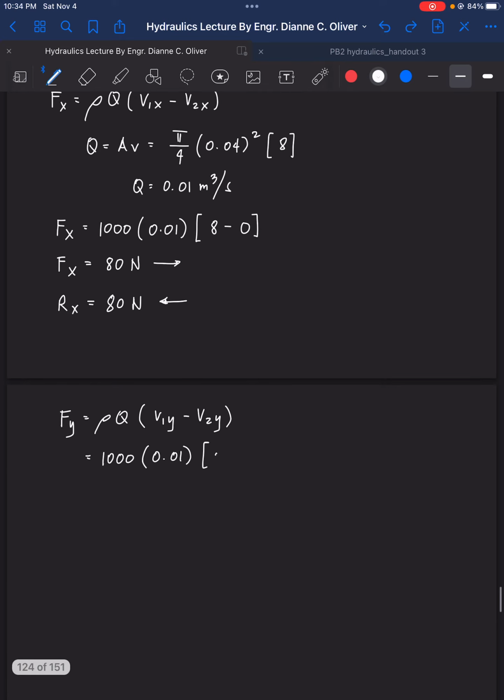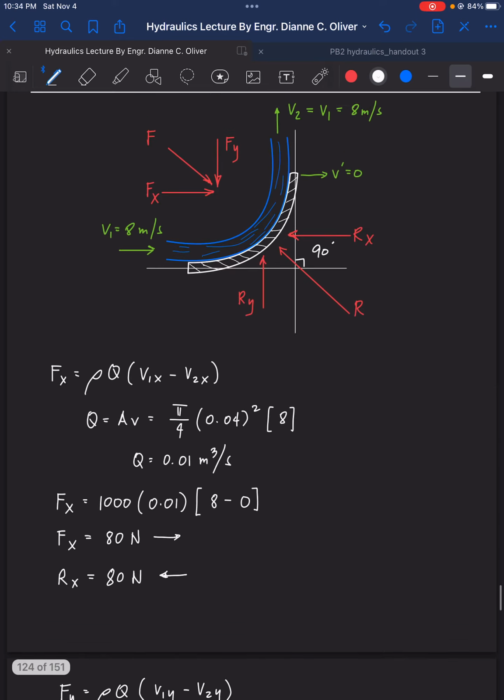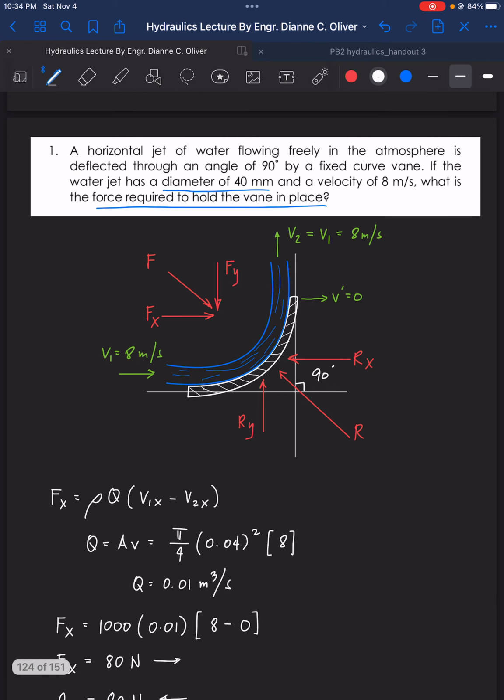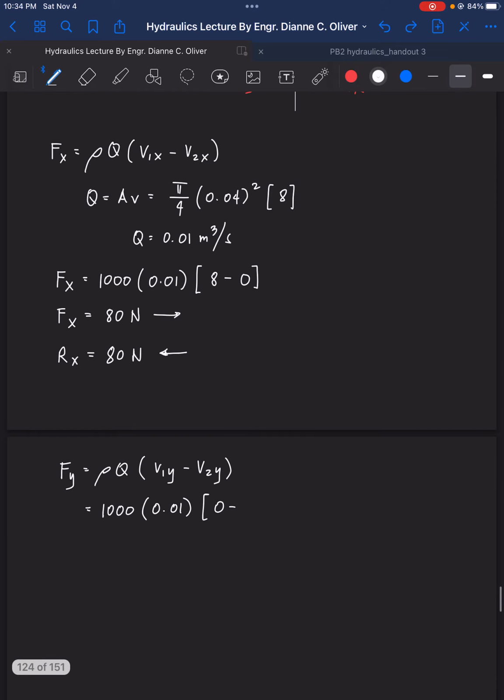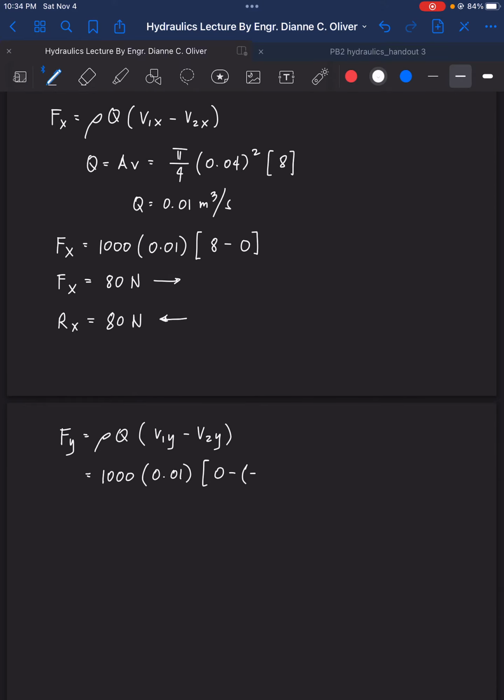None, so that is equal to 0. How about V2? What is V2y? V2y is 8 meter per second, but it's directed upward. Now, our sign convention here is downward positive. So, since V2 is upward, we will put here negative 8.